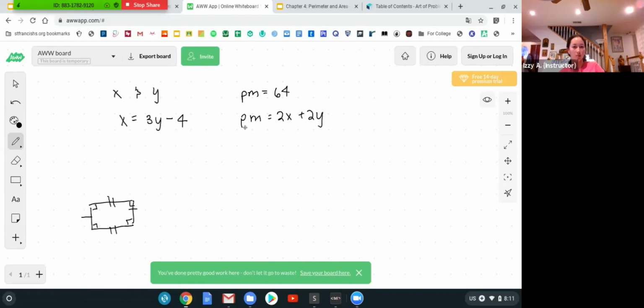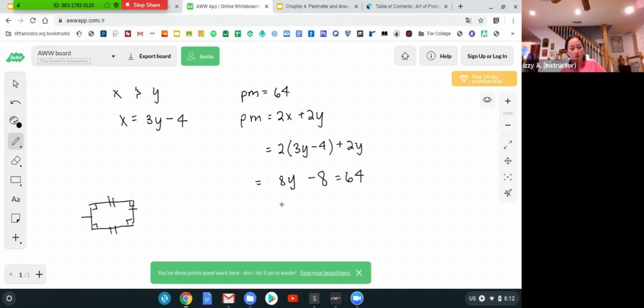Then we can substitute x into this equation, and say that perimeter, which is equal to 2x plus 2y, is going to be equal to 2 times parentheses 3y minus 4, closing parentheses, plus 2y. So then we get 6y minus 8, and then we can add 2y, so we get 8y minus 8, and we're going to set that equal to 64 because we know that the perimeter is 64.